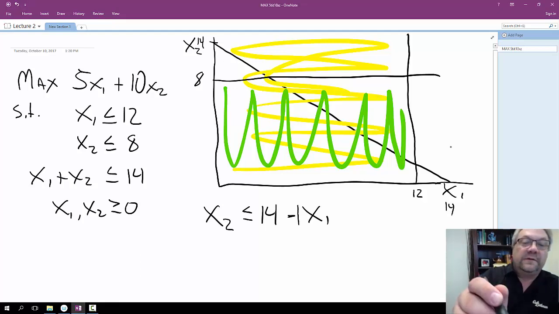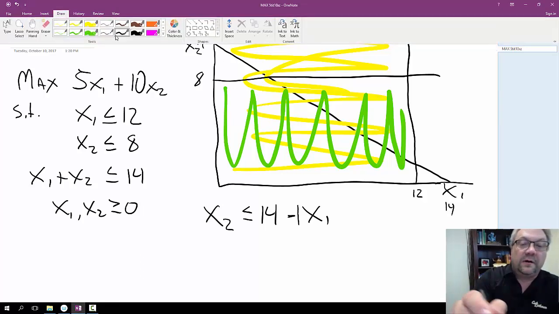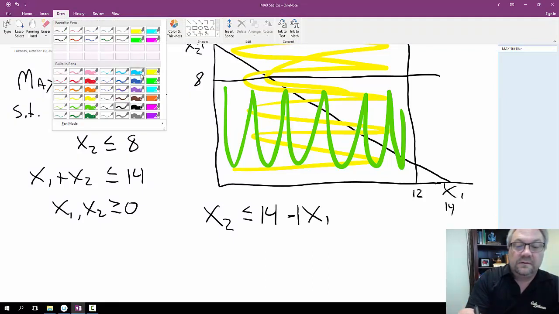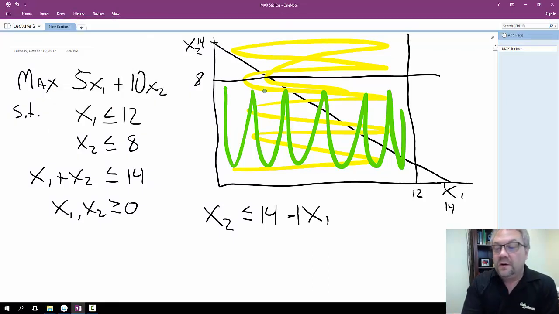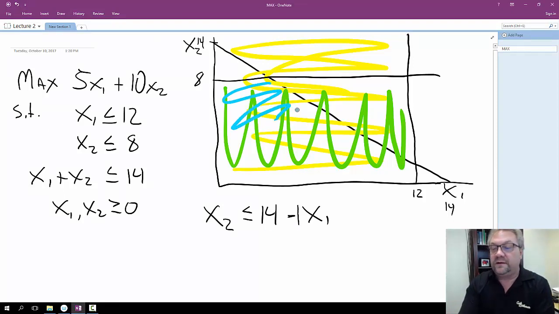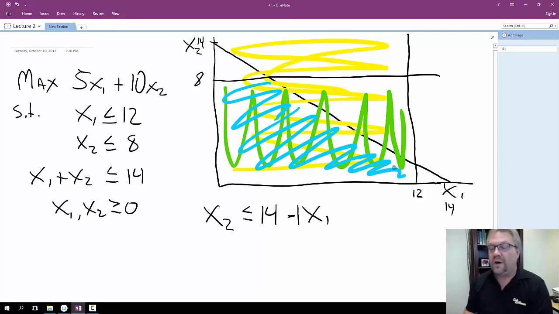Now, once again, I'll get this color. This is less than or equal to this, so I'm in that region right there.